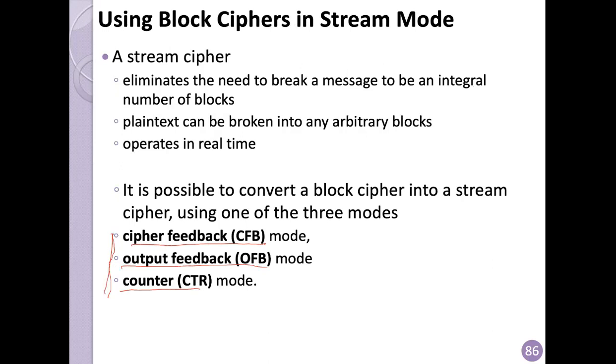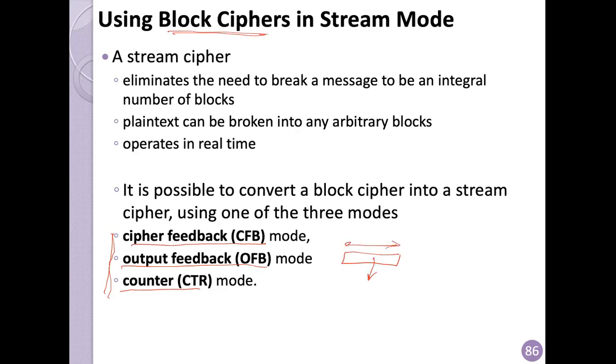That feature is that these 3, CFB, OFB, and CTR, also let us convert a block cipher into a stream cipher. What does this mean? If you remember, we've talked about the block cipher versus a stream cipher. In a block cipher, you have to input a block of data.